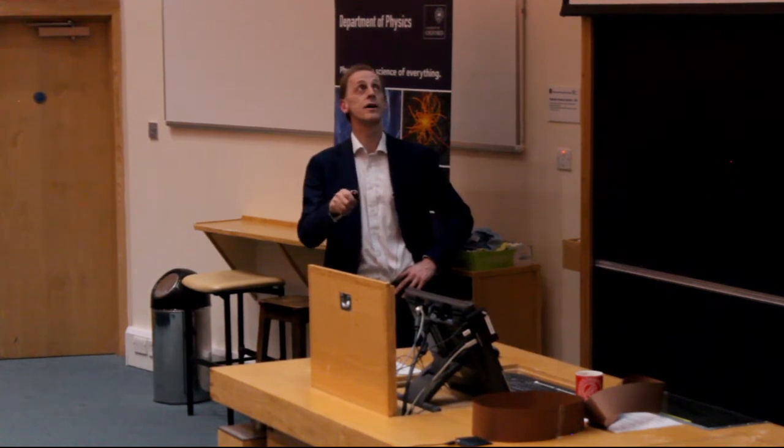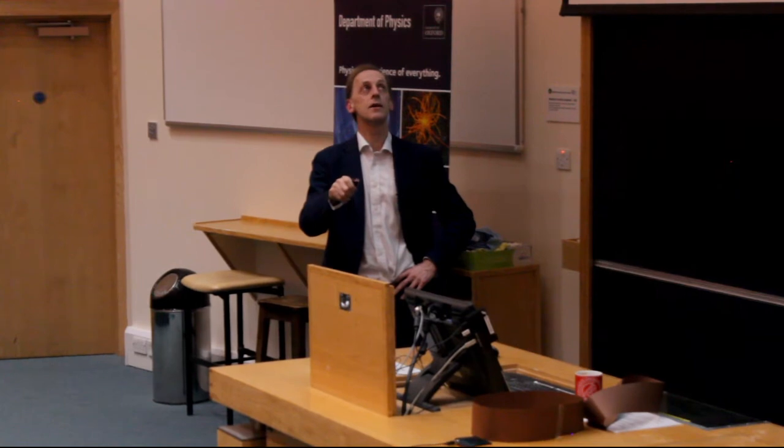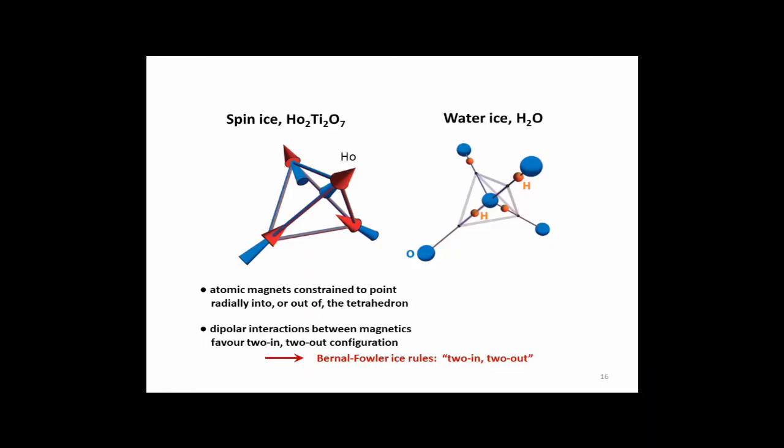So in this case, the two hydrogens are on the line from the oxygen to two of the vertices. Then other water molecules stack themselves around so that in a direction in which there is no hydrogen atom close to this oxygen, there will be a hydrogen atom close to one of the neighbouring oxygens. So around an oxygen atom, there are always two near hydrogen atoms and two more distant ones.